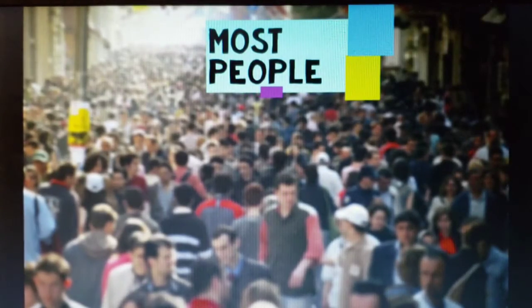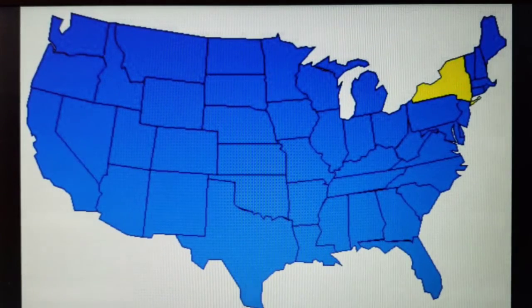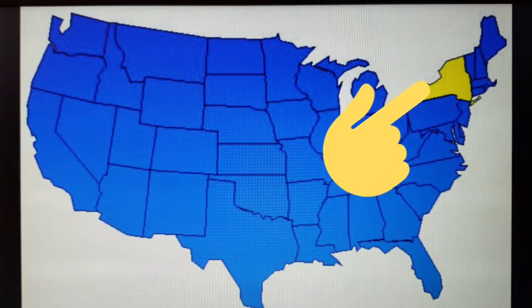California borders Mexico, and it's also the state with the most people. Very populous state. Another state we need to know is New York, which is the yellow spot you see on the northeast side of the US. That is where New York is.